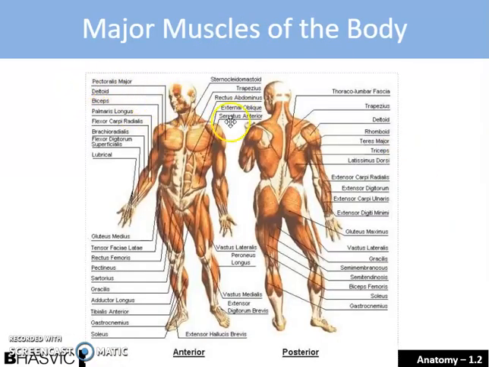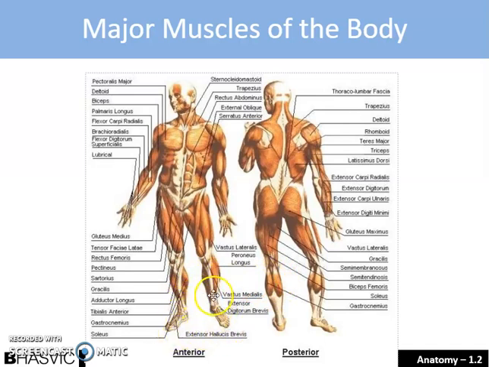These can all very clearly be seen on this diagram: the pectoralis major, the deltoids, biceps, triceps, latissimus dorsi, trapezius, gluteus maximus, quadriceps, gluteus medius, calf, gastrocnemius, and tibialis anterior.